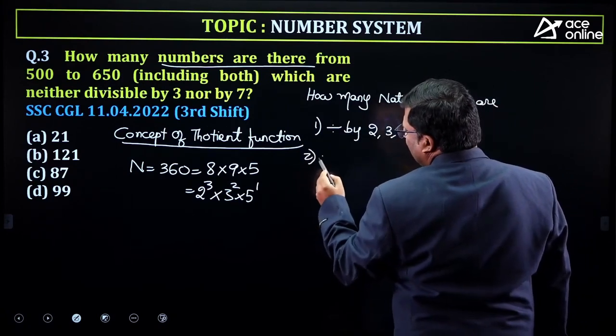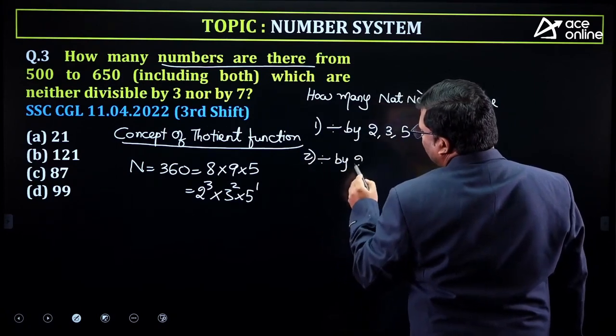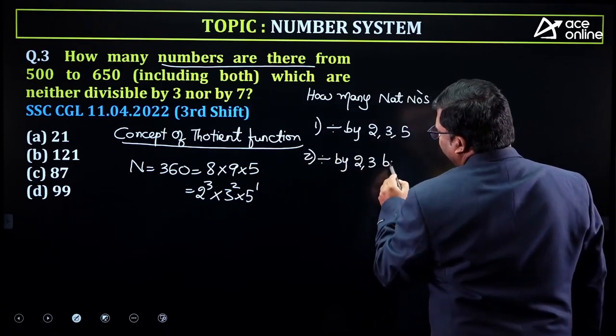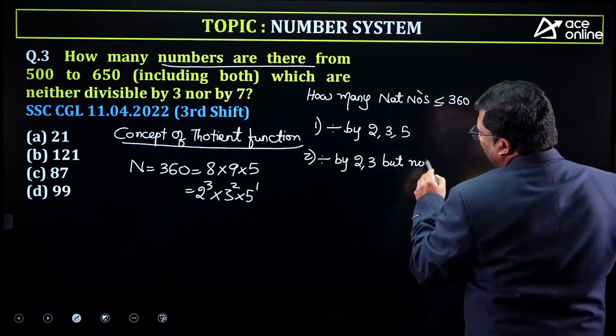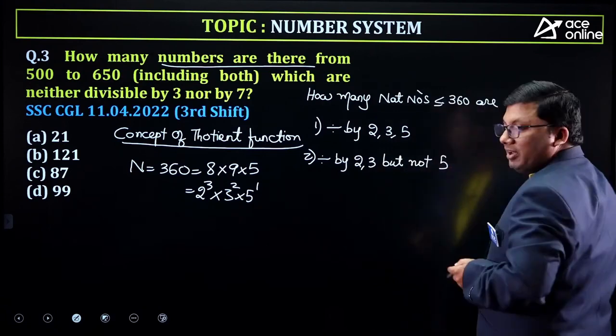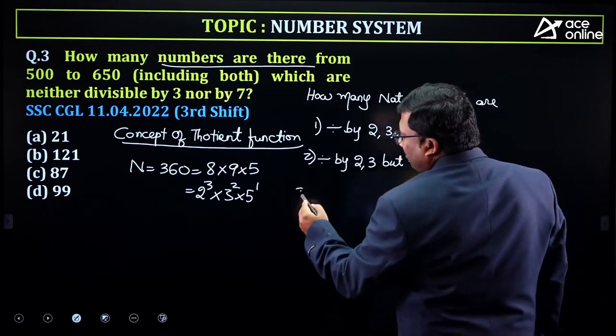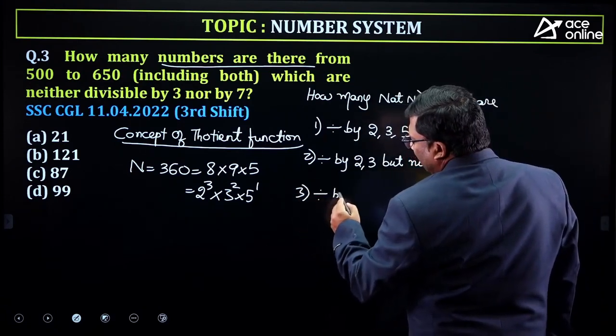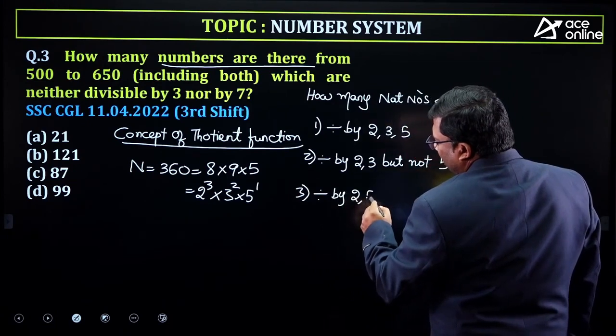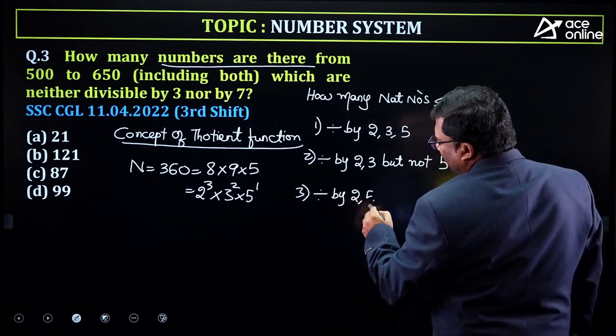Second question, divisible by 2, 3 but not by 5. Third one, divisible by 2, 5 but not 3.